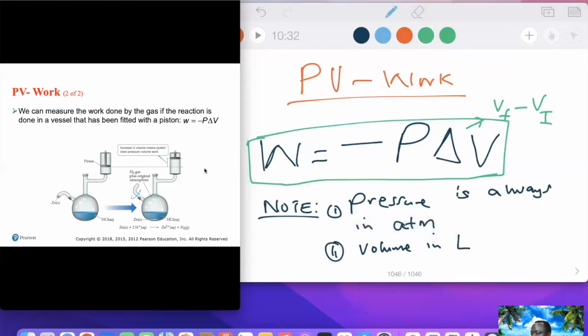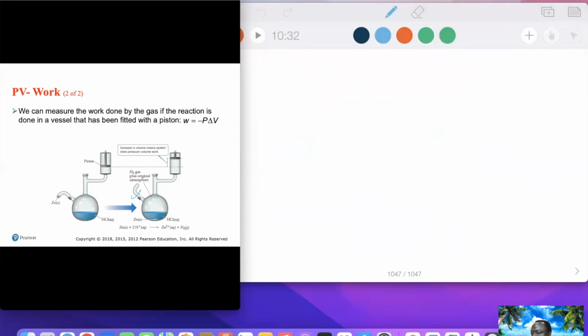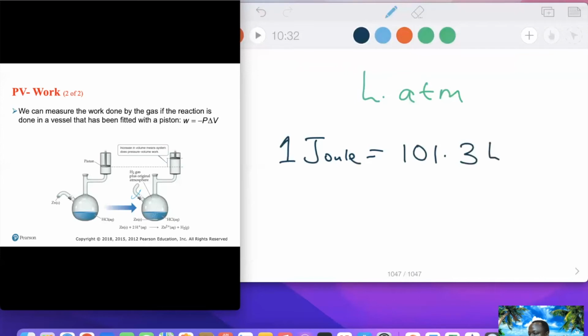Now, if you multiply that, the units will be liters times atmospheres, because the pressure is in atmospheres and the volume is in liters. To reconcile the units, 1 joule equals 101.3 liters times atmosphere.